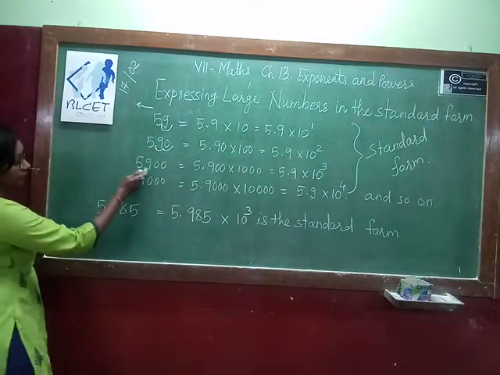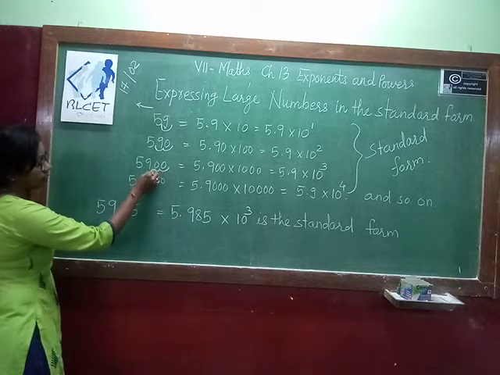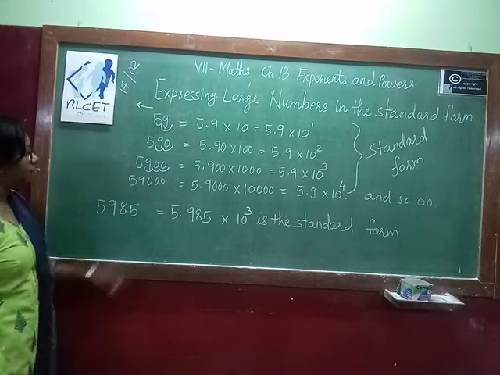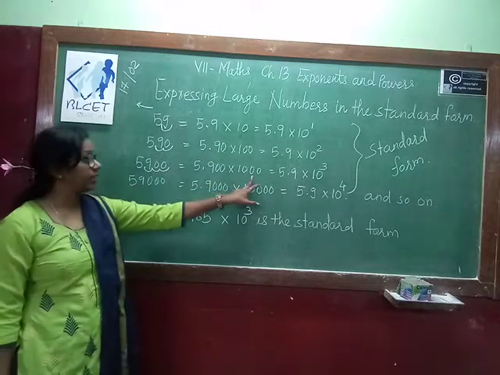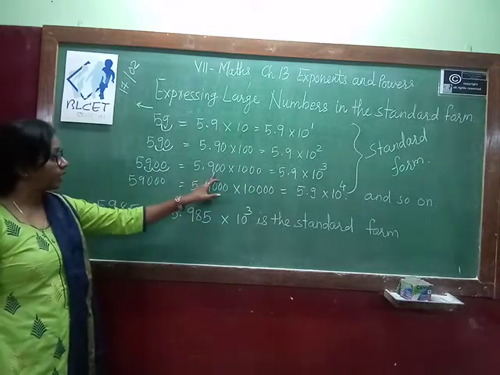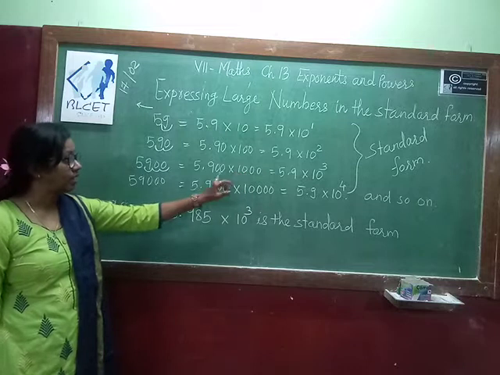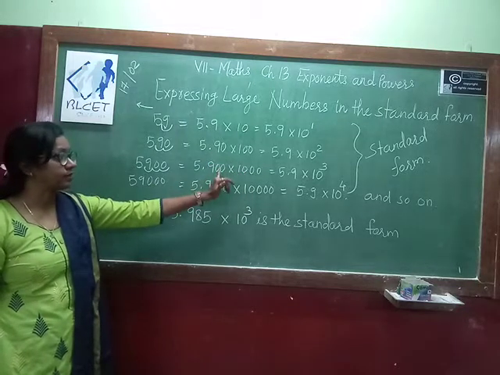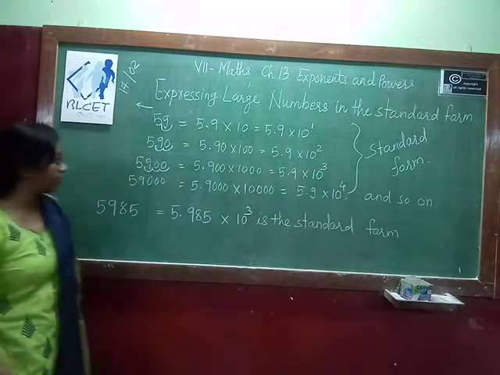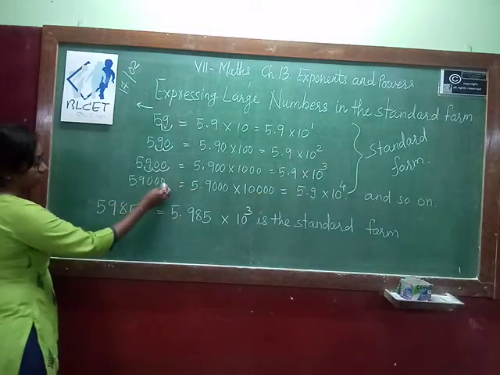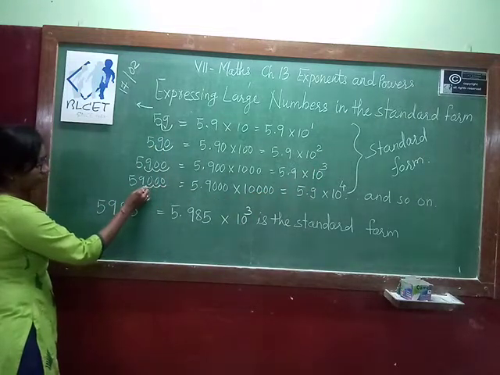Then we have 59 hundreds. 1, 2, 3. So how many places do we have to shift in the left direction? 3. So we have to multiply by 1000. So 5.900 multiplied by 1000. After 9, no need to write these 0s. So 5.9 into 10 power 3. Then we have 59,000. So 1, 2, 3, 4.